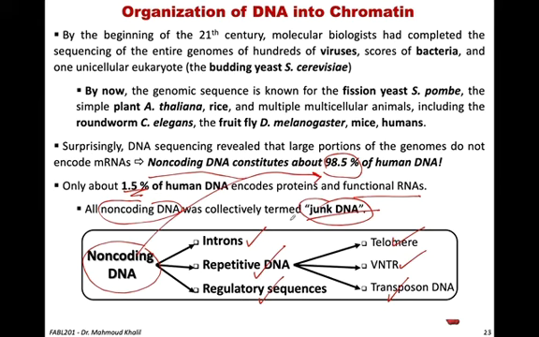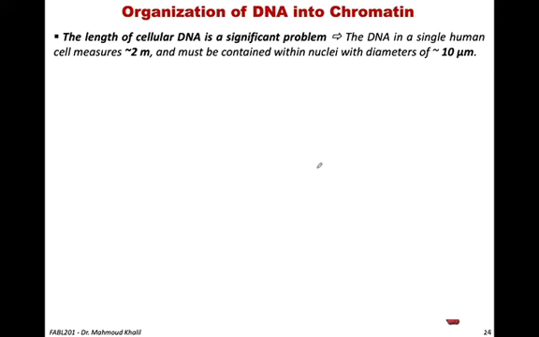But still, the major nomenclature for this region is non-coding DNA, because basically they are non-coding. They don't produce proteins. Is part of it heterochromatin? Part of them, but not for sure. Actually, only 1.5% codes proteins. Okay?